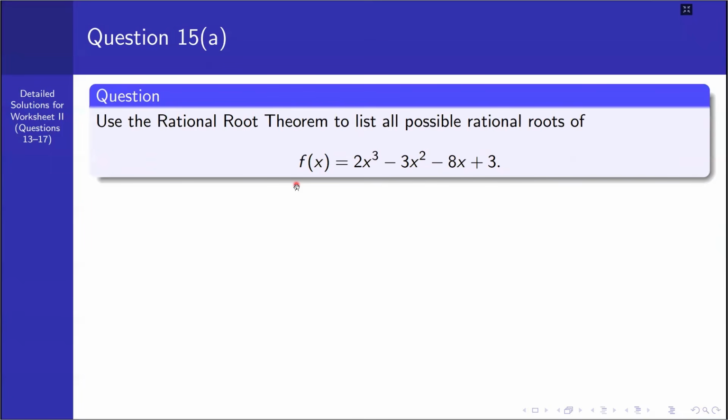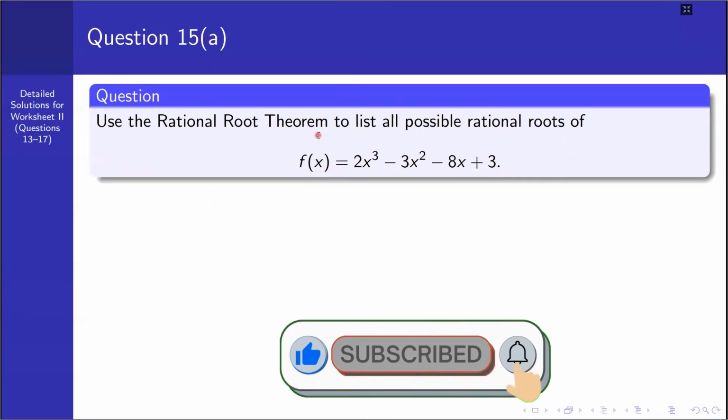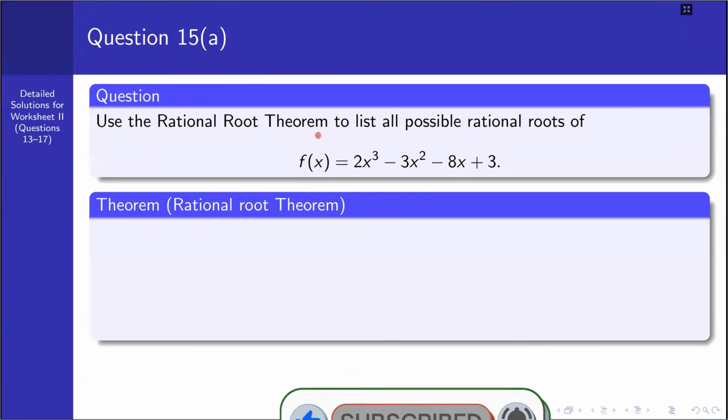Question number 15a. Use the rational root theorem to list all possible rational roots of this cubic polynomial function. So we need to recall the rational root theorem. What does it say?